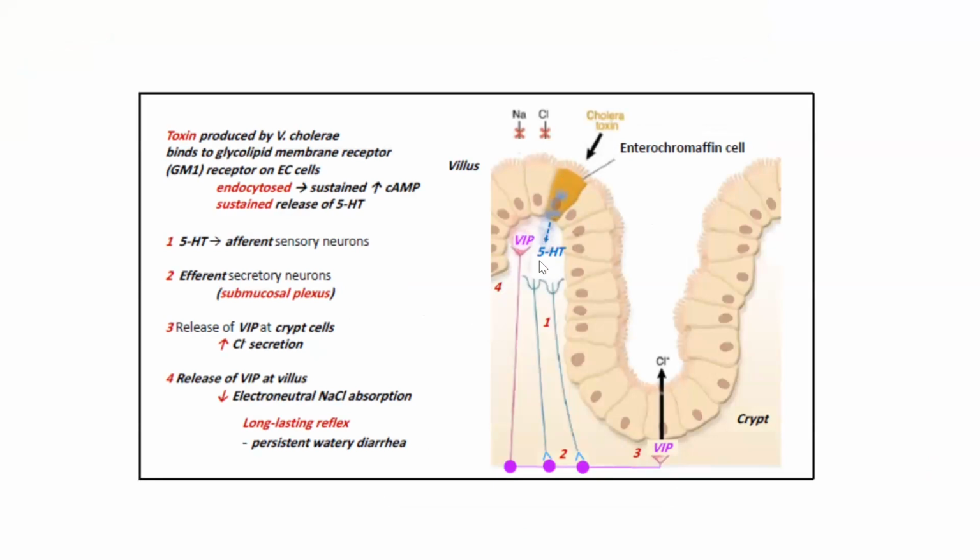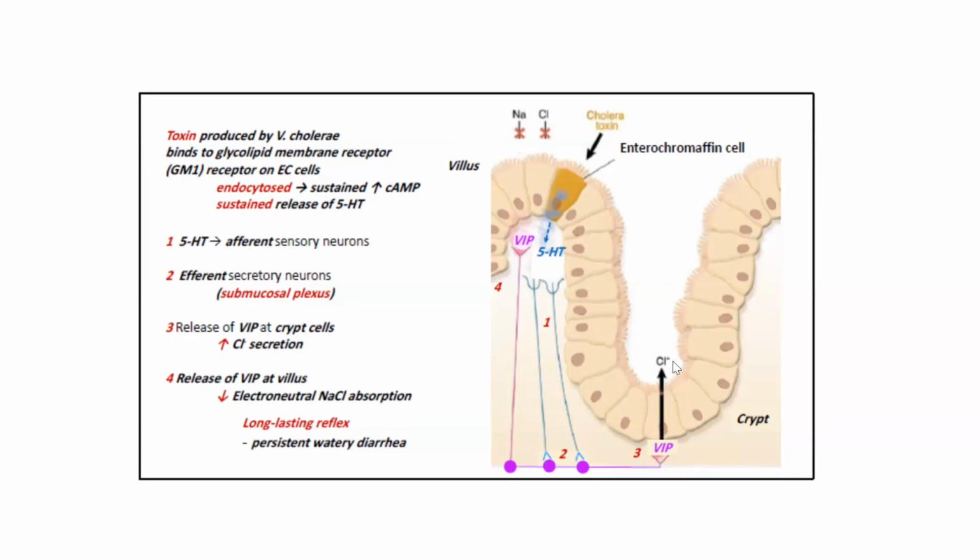This serotonin is going to stimulate the afferent nerves, which will increase the amount of VIP or vasoactive intestinal peptide that's released into the crypt cells. So the enterocytes are going to increase its secretion of chloride into the lumen, which causes persistent watery diarrhea.